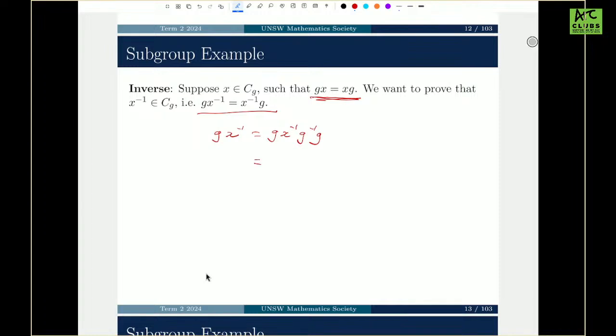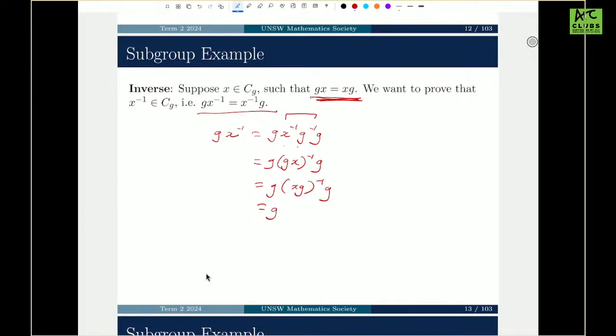And then here in the middle, I can take the inverse out from the law that we introduced earlier. So g (x g) inverse. Note that x and g now swap when we take the inverse out. Okay, and then now we can apply this fact. So g (x g) inverse, because x and g commute. Okay, and then we now undo taking the inverse out.